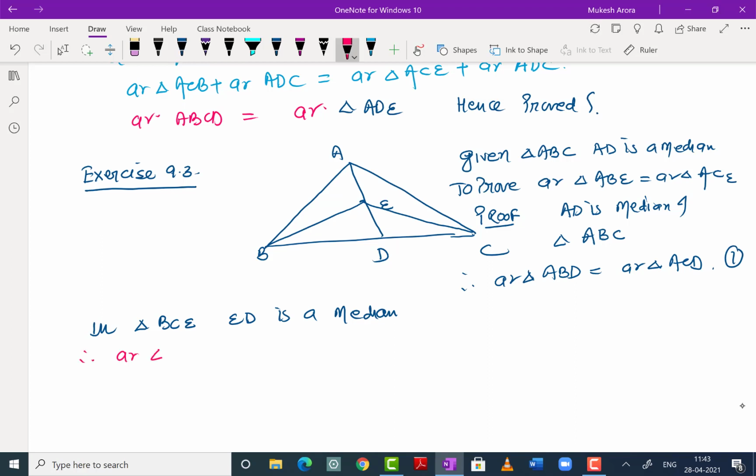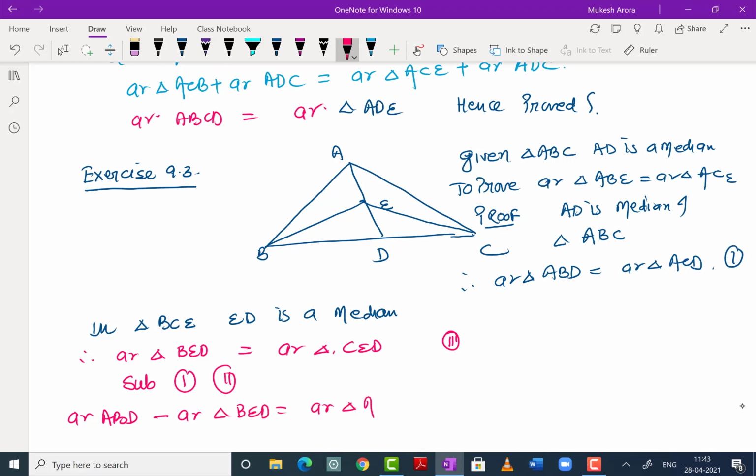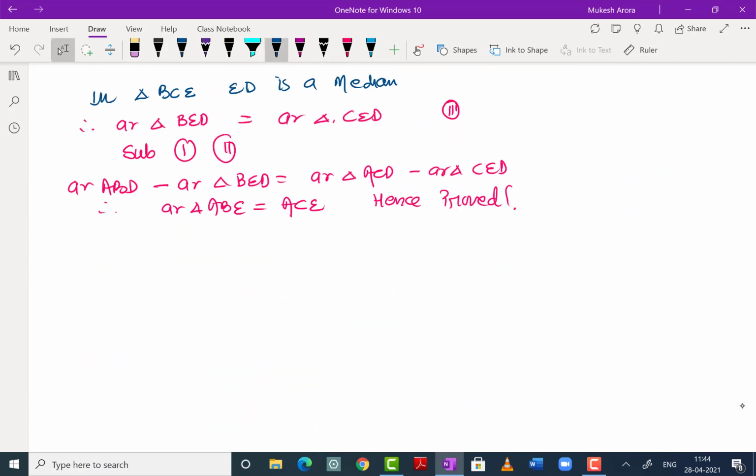Therefore, area of triangle BED is equal to area of triangle CED. Subtracting 1 and 2, from ABD minus area of triangle BED is equal to area of triangle ACD minus area of triangle CED, which is equal to area of triangle ABE is equal to ACE. Hence proved.